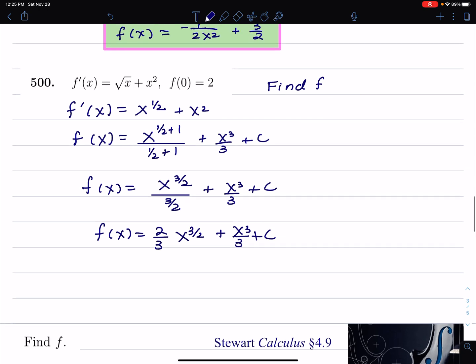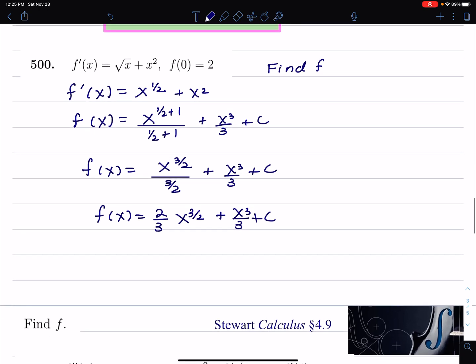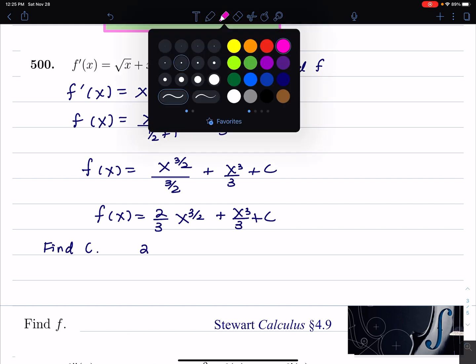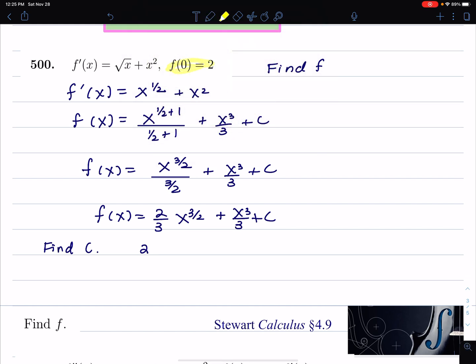Okay, so now I want to find c. What do I do to find c? I use the initial condition that's up here, f of 0 equals 2. So I have 2 equals f of 0. f of x is given above, but we have c, which we don't know yet.